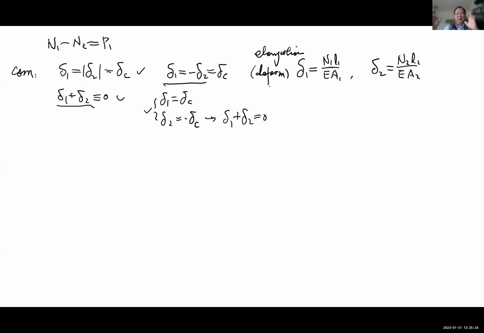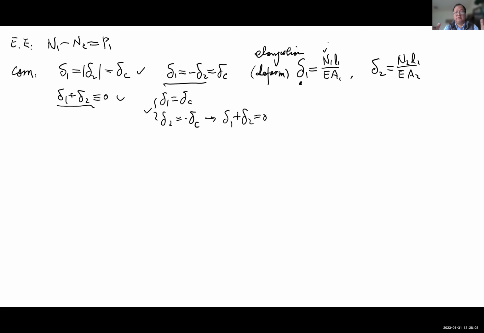Now we have the equation of equilibrium, which gives us one equation, and compatibility gives us one equation. The elongation equation links the two because it links the elongation to N. Now we have 3 sets of equations, so we can combine and solve them. You can do it many ways; Gauss elimination is the easiest way, where you replace the variables. Let me just try one way.